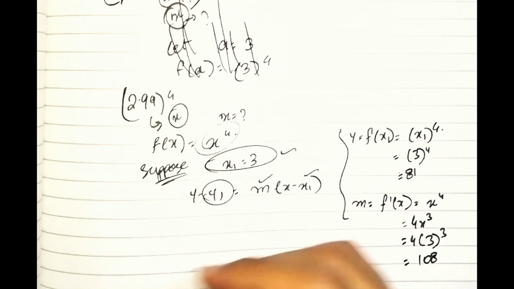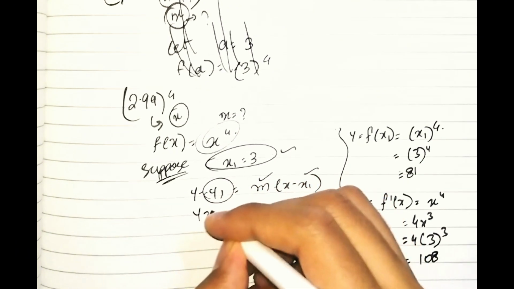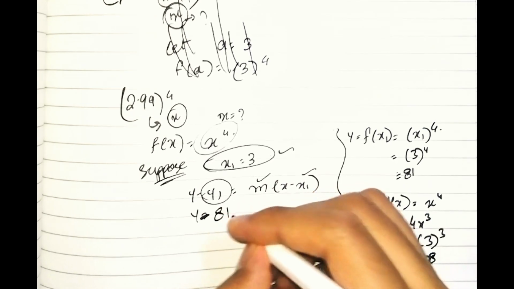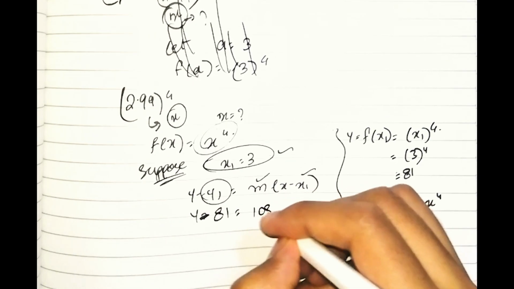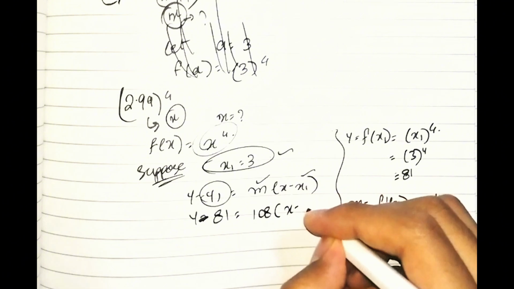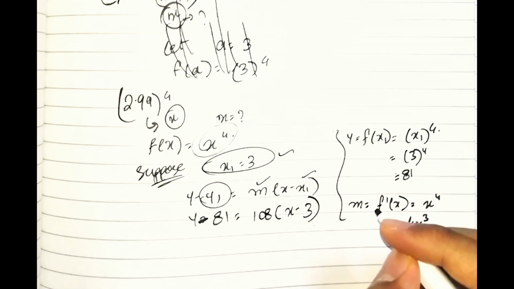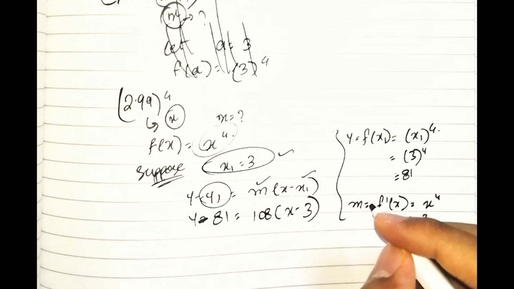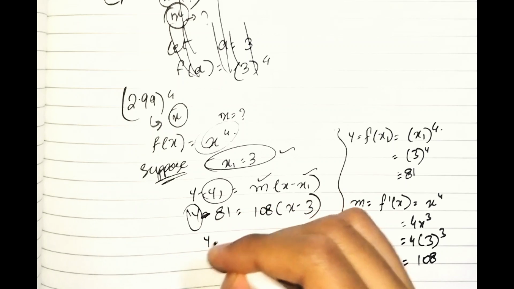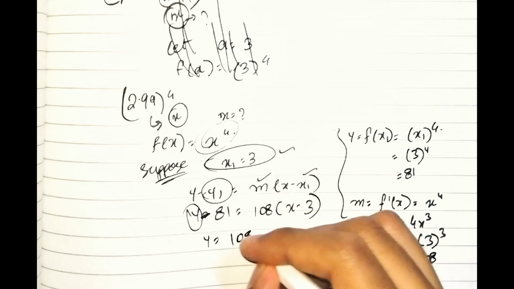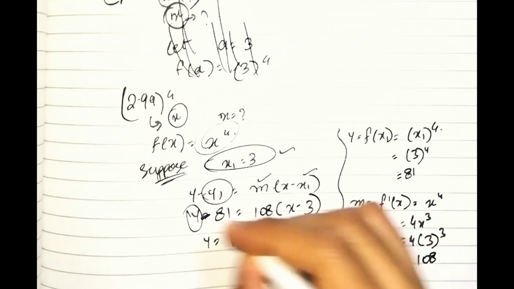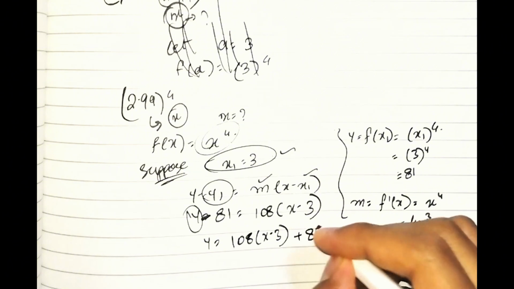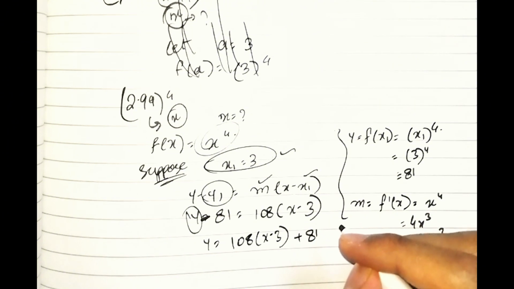So now let's put all of these values into this equation. Y minus y1, which is 81, equals m, i.e. slope, which is 108, times x minus x1, which is 3. So now we can basically derive an equation for y. So y will be equal to 108 times (x minus 3). This 81 will be moved to the opposite side, so we will have 81 with a positive sign.